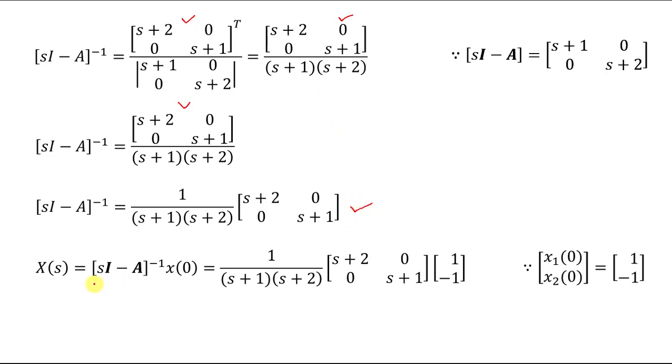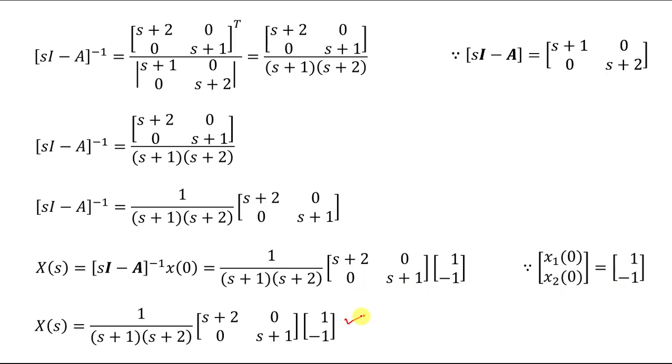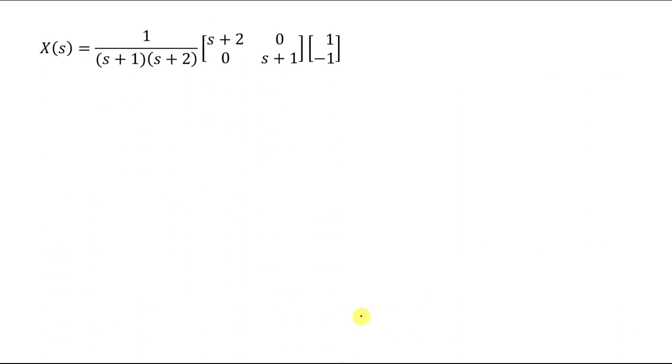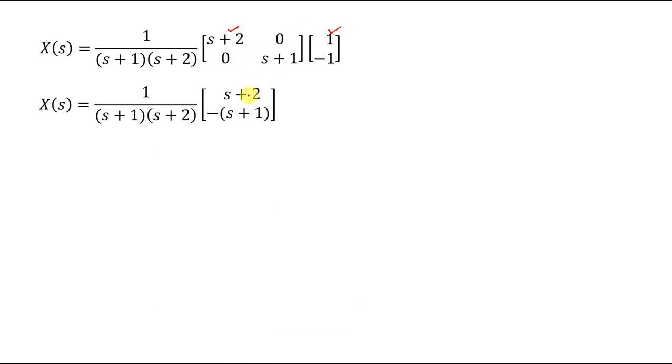So the solution equals (sI minus A) inverse multiplied by x(0). This is the (sI minus A) inverse matrix, and this is your initial condition x(0), which is given as 1 and minus 1. Simply multiply. The multiplication gives s plus 2 multiplied by 1 is s plus 2, and 0 multiplied by minus 1 is 0.